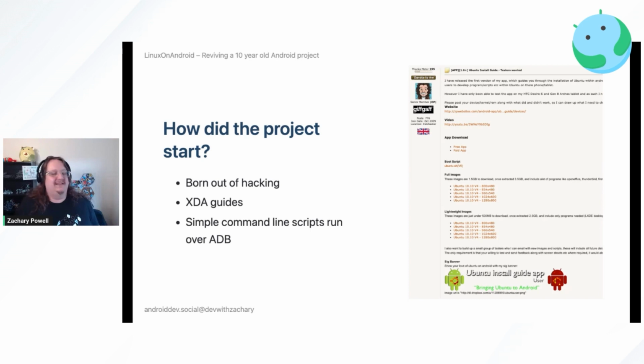And all it really was at the time was a command line script that you could run over ADB and a pre-configured image of Ubuntu that you could then mount, and that would be your root file system. That was all it really was. There's these two separate components, and it was very technical, and you kind of needed to know what you were doing. But there was a lot of interest.